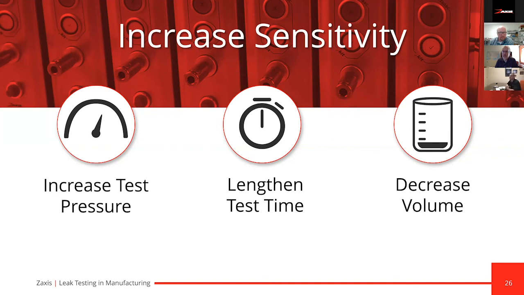So I wanted to clarify that accuracy on a leak test is repeatability, not necessarily anything other than repeatability, because that takes into account all of the effects of the pressure, the physics of the pressure on your part. That's what the accuracy is on a leak test.